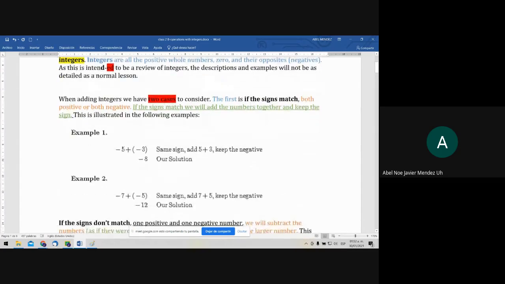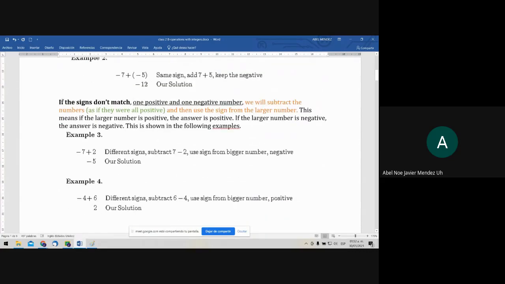The first case, the signs match. The second case, the signs don't match.